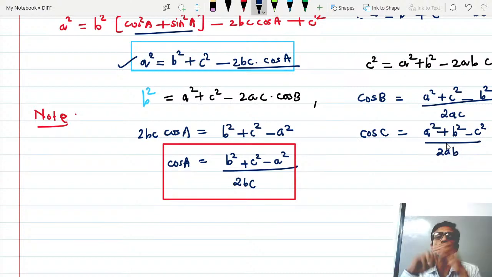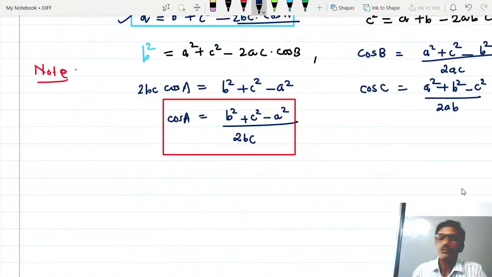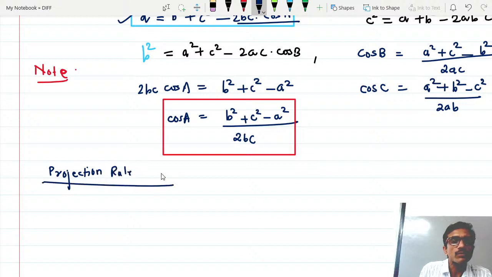Furthermore, we are going to prove the projection rule. So what is this projection rule? Next is the projection rule.